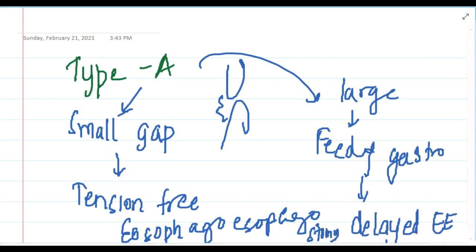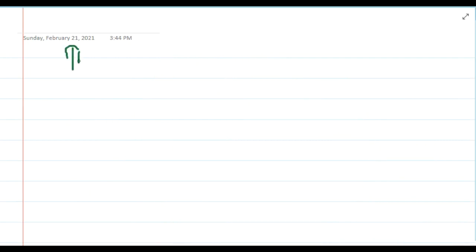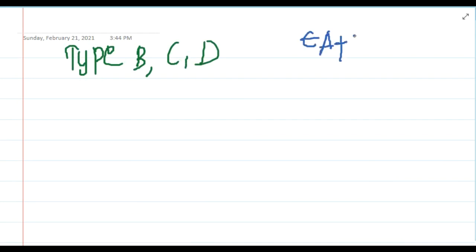And then we have type B. For type B, C, D, all these involve esophageal atresia with fistula.